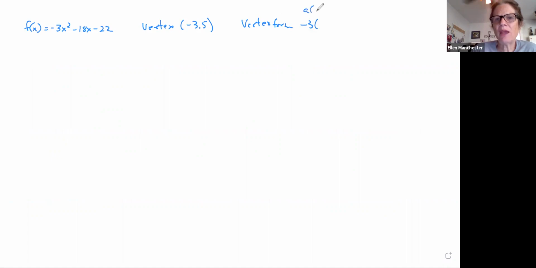Remember, it's a times x minus h squared plus k, where h is our x value and k is our y value. So we had x plus 3 squared plus 5. Why is it plus when we have a -3? Well, it's x minus a -3. That's where the plus comes in.